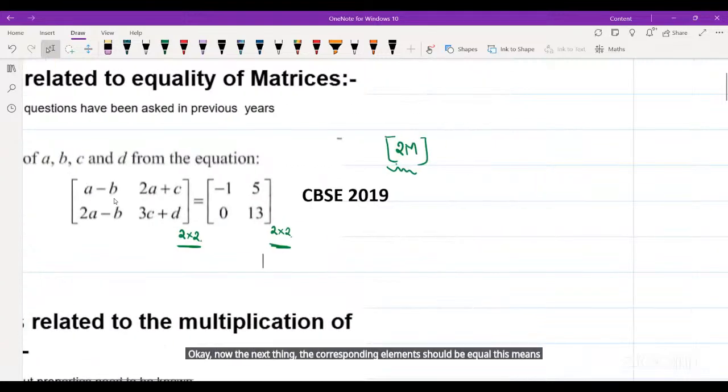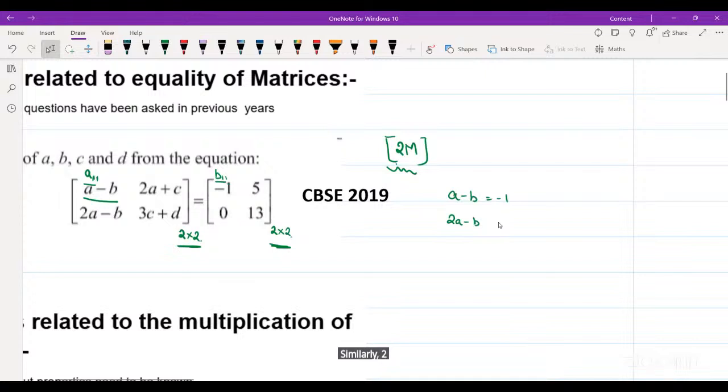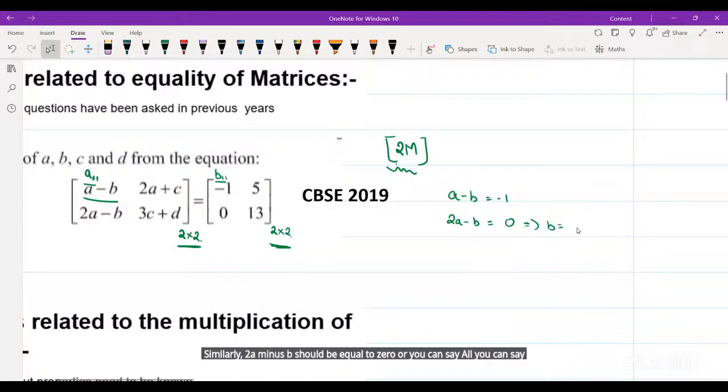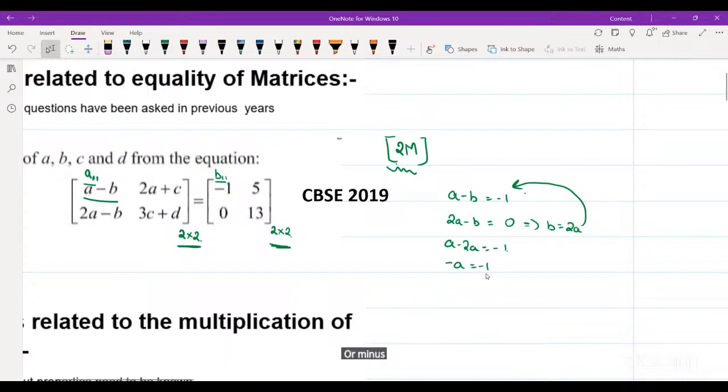This is A11, the position of this element is A11. This is B11. This means A11 should be equal to B11, right? So A minus B should be equal to -1. Similarly, 2A minus B should be equal to 0, or you can say B is equal to 2A. Substitute this value here, you'll get A minus 2A is equal to minus 1, or minus A is equal to minus 1, A is equal to 1. Is this clear, beta?